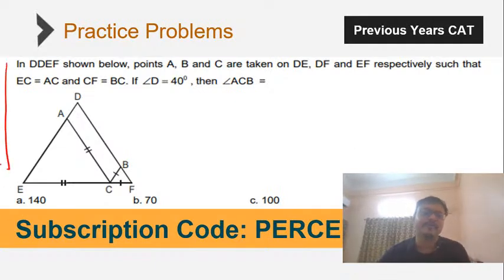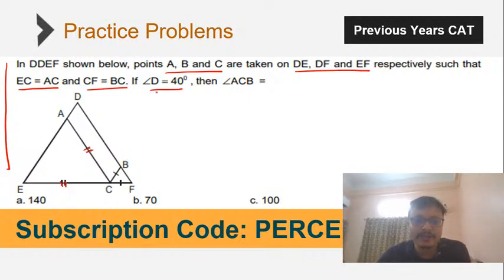So this one is from an entirely different topic. This one is from geometry. So here we have the points A, B, and C taken on the sides D, DF, and EF. There are 2 pieces of information given. EC is equal to AC, so you can see they are marked as same, and CF equal to DC.